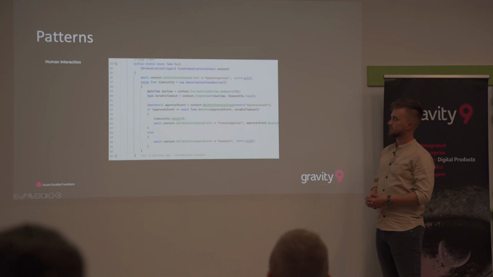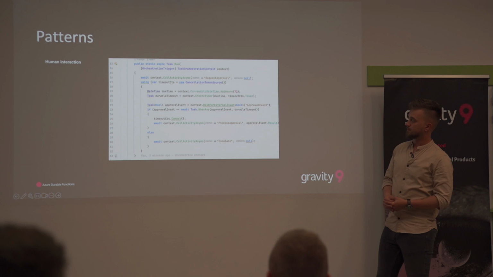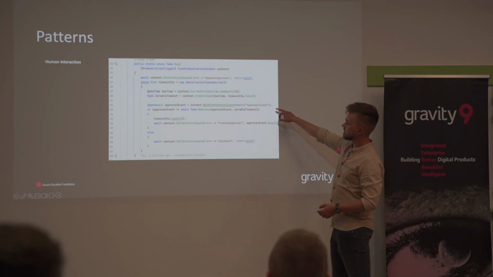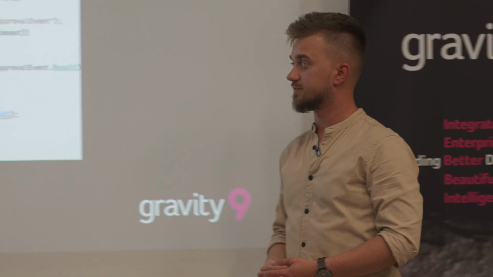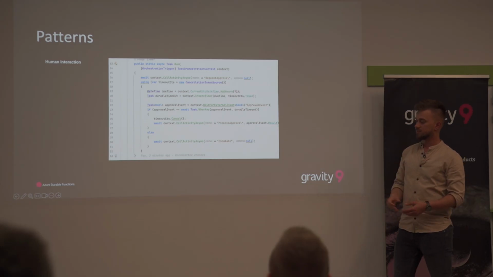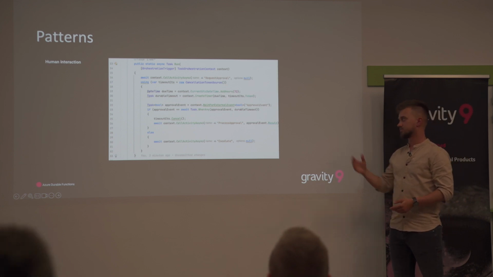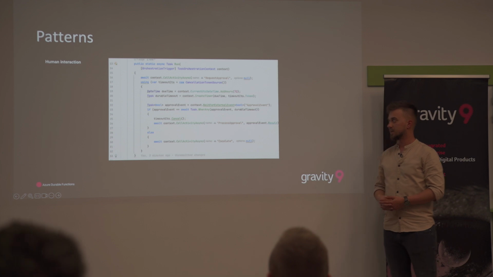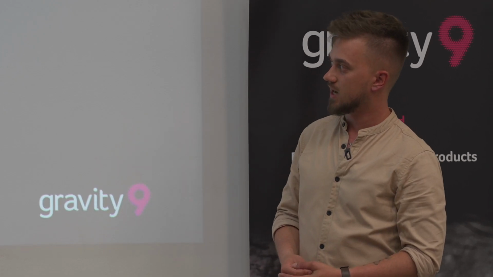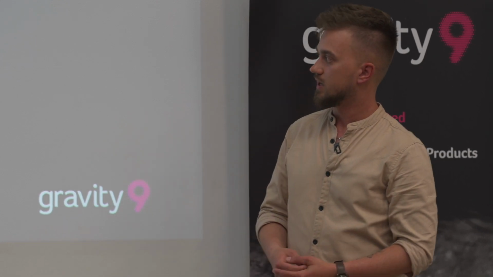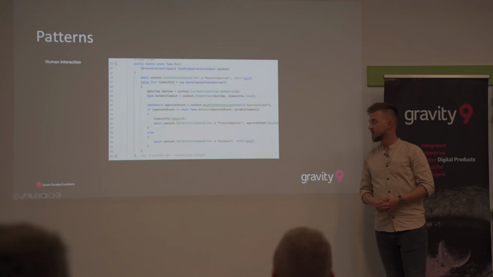Then we create a timeout, and there is a function here that waits for an external event that comes from the other function, or whatever raises this event, but I would assume we can say it's the other function that just raises the event. When the approval event comes, the timeout cancels, and we just say, okay, let's continue with the process.